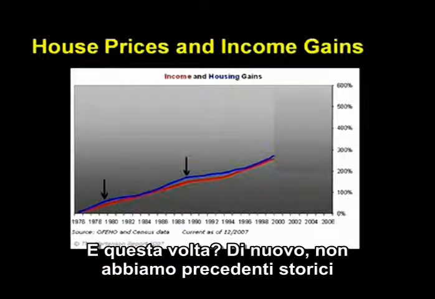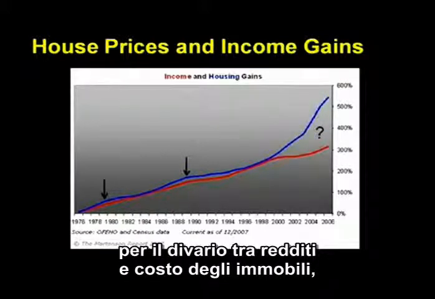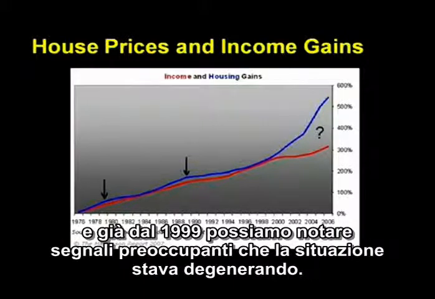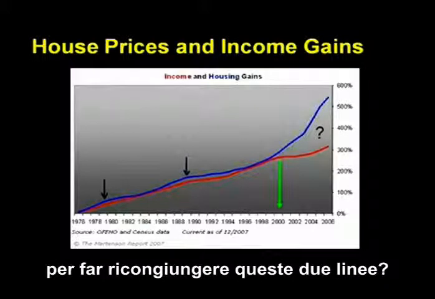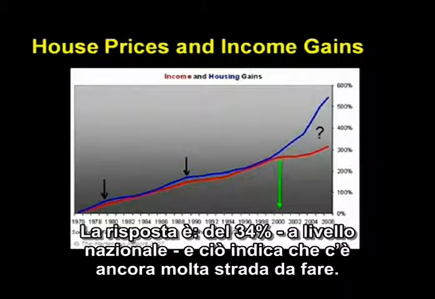This time, again, we have no historical precedent for the gap between income gains and house prices, and we see disturbing signs as early as 1999 that things were getting off track. Based on income gains alone, how much would house prices have to fall to bring these lines back together? The answer is 34% nationally, indicating that there's still a long way to go yet.